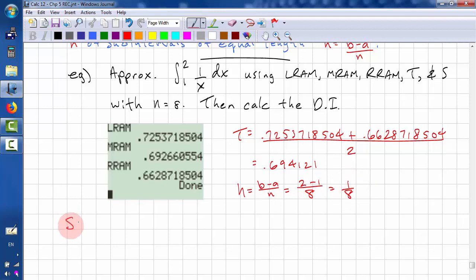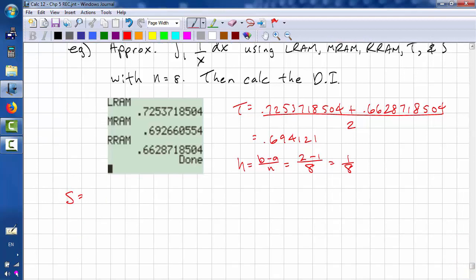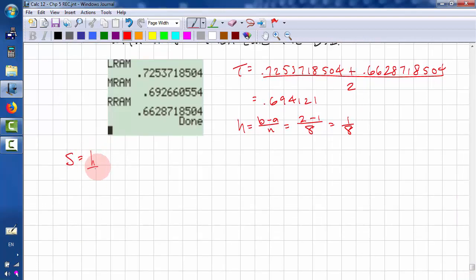So S equals h over 3 times f of 8 over 8. And I'm not putting in 1 because it's convenient to leave it in terms of 8s, because it makes it easier to continue. You'll see why.